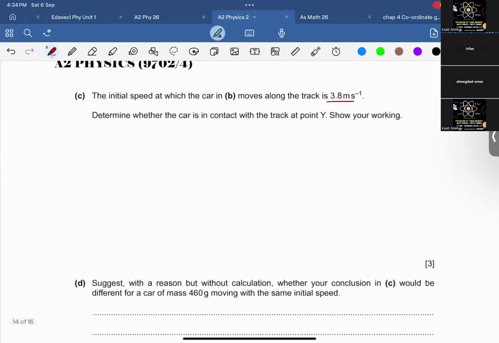So total energy at x should be equal to total energy at y.